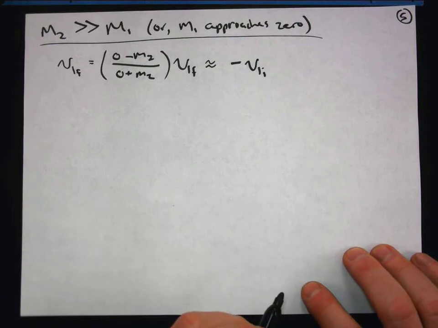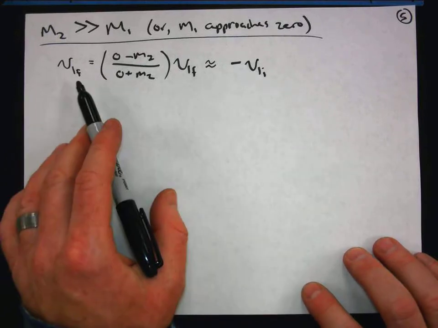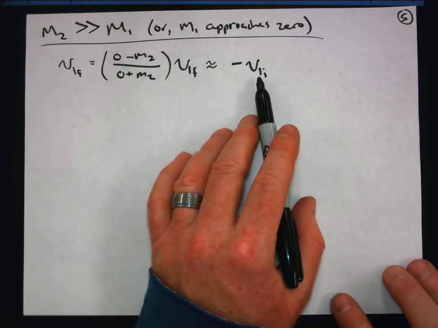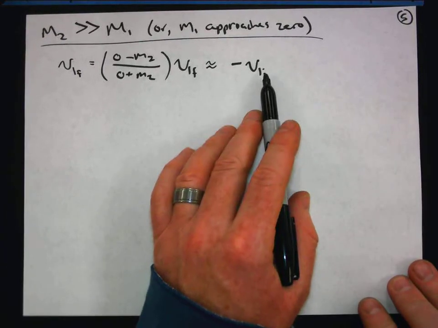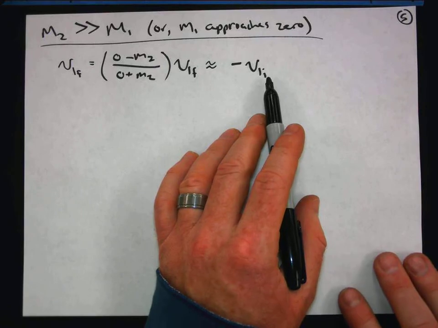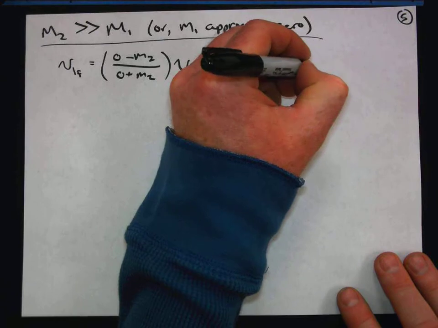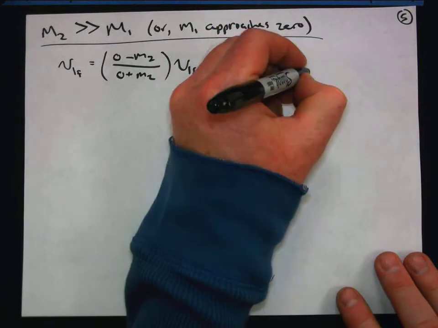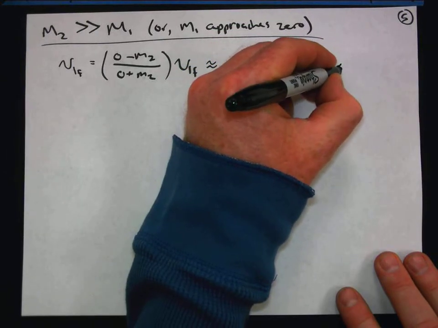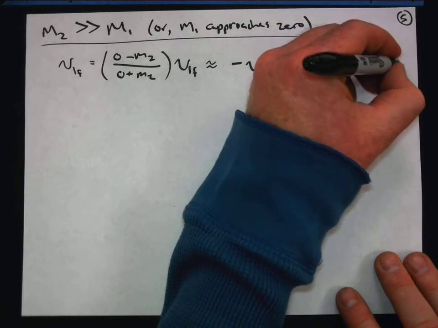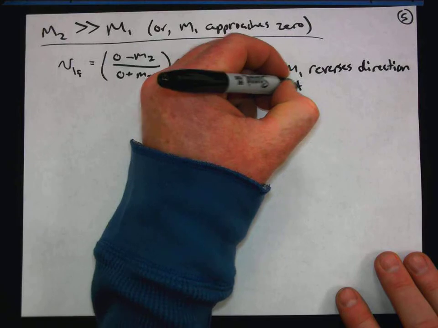And when you look at this, it started with a positive velocity and now has a negative velocity in equal amount. So what are we saying? That M1 reverses direction, or rebounds, reverses direction at nearly original speed.